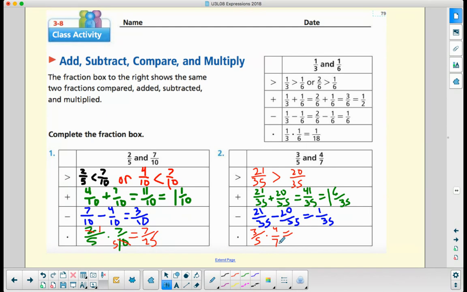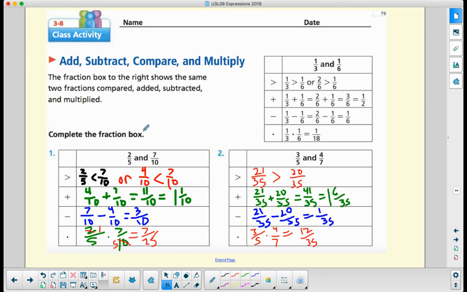So 3/5 of 4/7. 3 multiplied by 4 is 12. 5 multiplied by 7 is 35. So if I took 3/5 of 4/7, that would be taking 12/35. Makes sense? 12/35 is less than 20/35. I'm only taking 3/5 of them. I'm not taking all 5/5 of them or more than all of them.